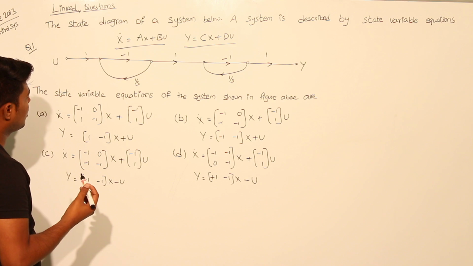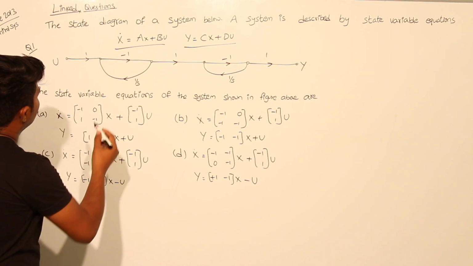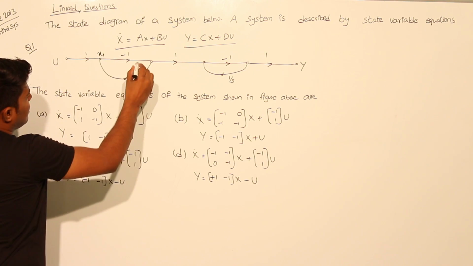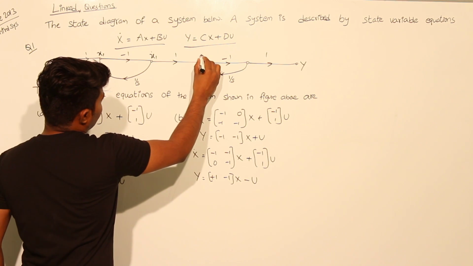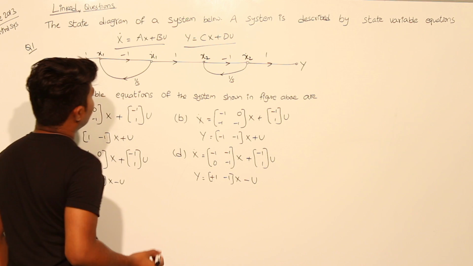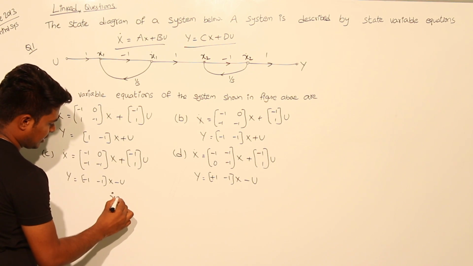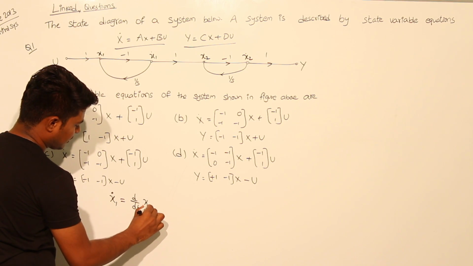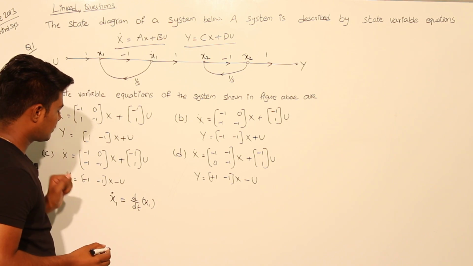Now from this diagram, let this be x1, this x1 dot, this x2, and this x2 dot. The reason I put the dot is that x1 dot is nothing but d by dt of x1. Differentiation with respect to time gives x1 dot.